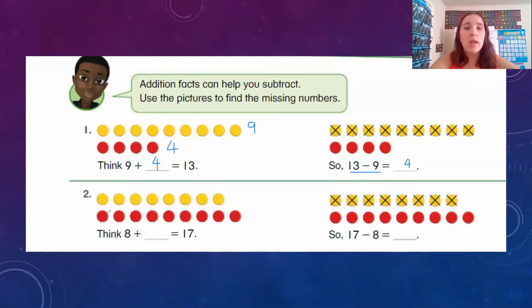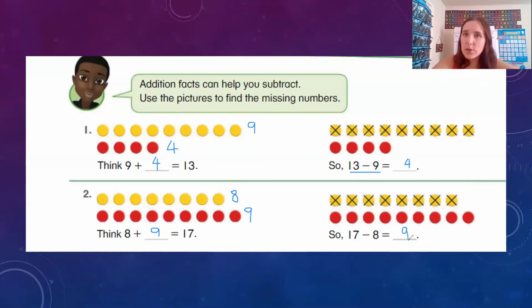So if we go 8, 9, 10, 11, 12, 13, 14, 15, 16, 17, okay, and we drew those counters, we have 8 here, and we know that 8 plus 1, 2, 3, 4, 5, 6, 7, 8, 9 more equals 17. So 8 plus 9 more equals 17, which means if we start with 17 counters and we cross off 8 of them, like we crossed off these 8 yellow ones, we're going to have 9 left.